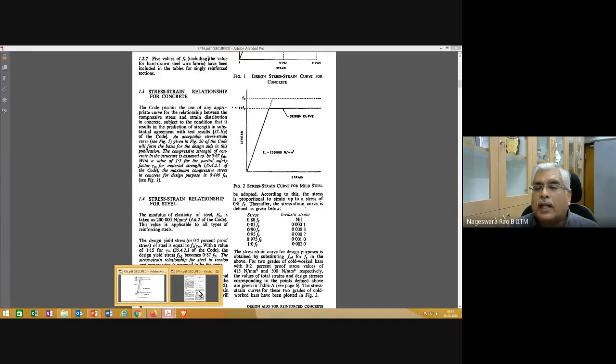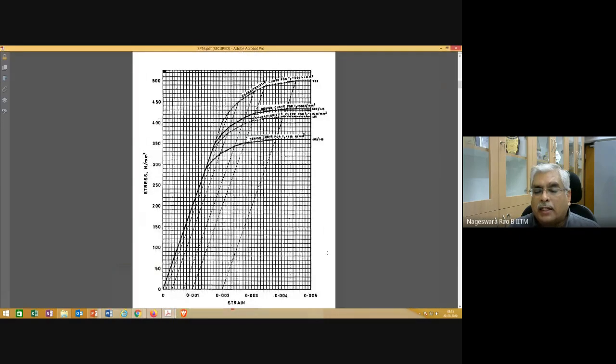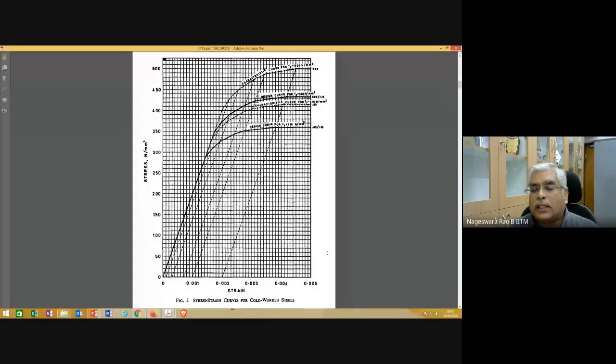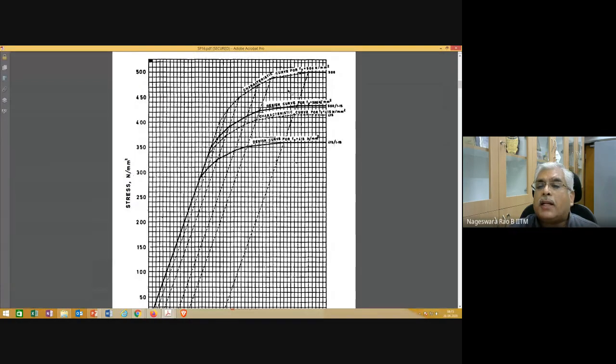Now before we proceed further, I want to also show you here. This curve is also given in your SP16. I don't know whether you are able to see here properly or not. Let me magnify only a portion of it, then you will see better.